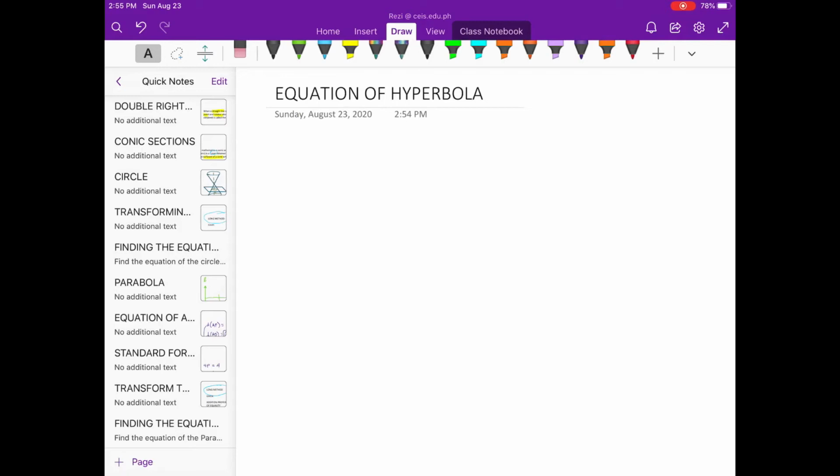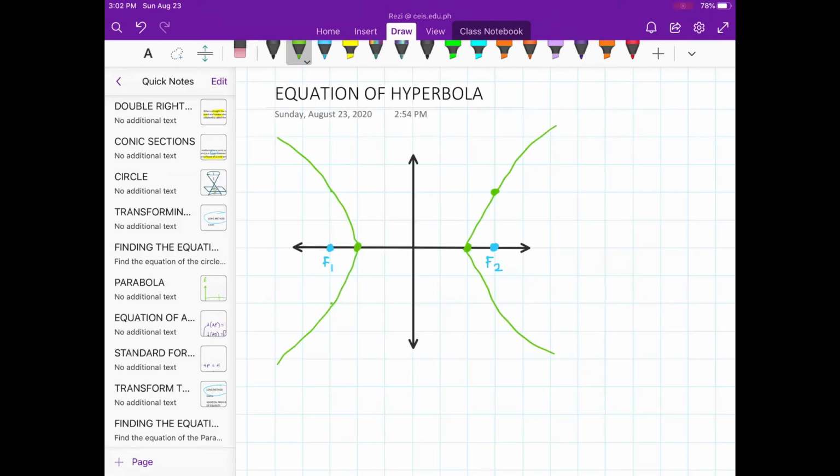Now let's have the equation of the hyperbola. Let's look at this hyperbola on the screen with foci F sub 1 and F sub 2. For point P, the difference will be equal to the length of the transverse axis, that is 2a.